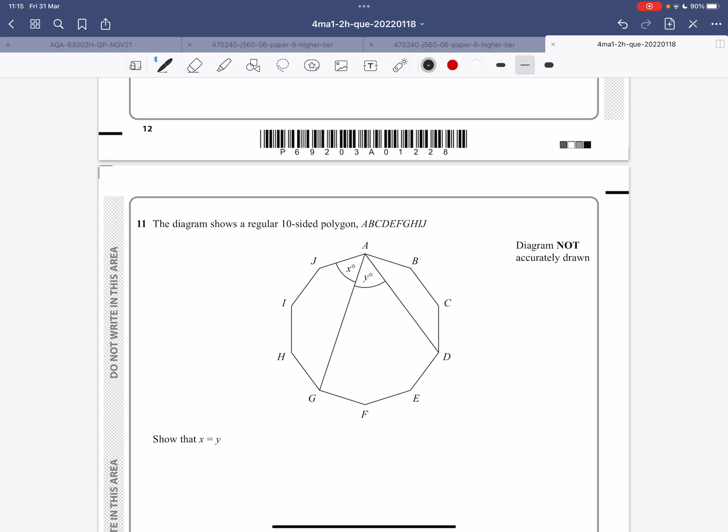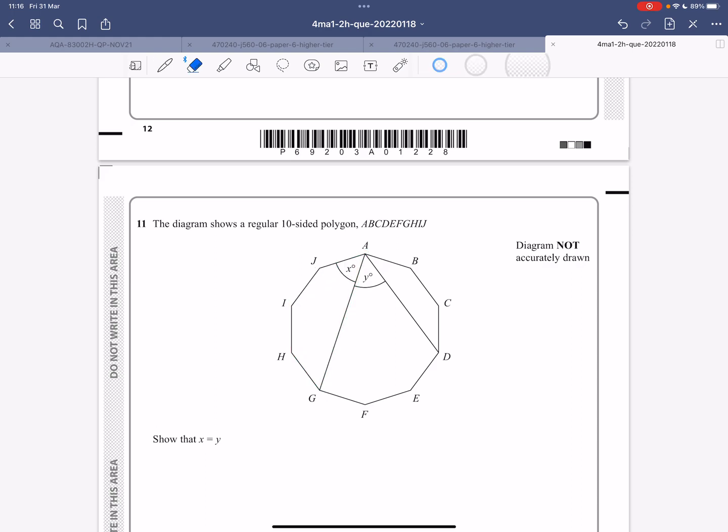Okay. So I'm just going to look at this triangle here first of all. Not triangle, I'm going to split this into triangles. So we split this like this. Nope, I'm not going to do that.